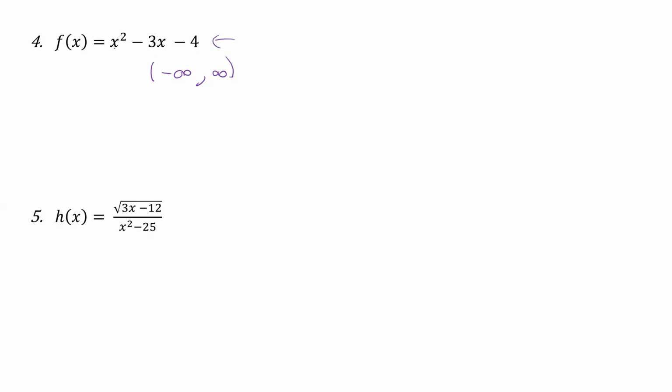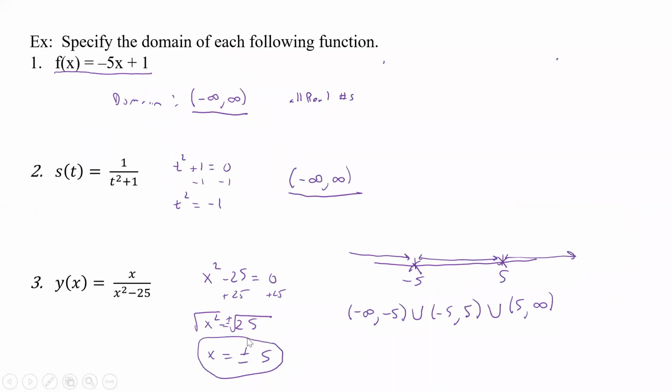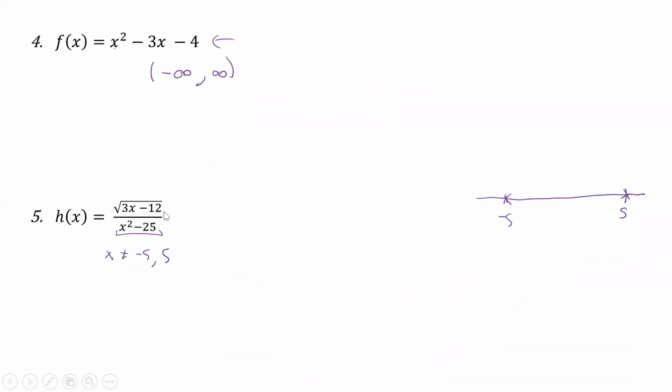Now the next one, we have a radical as well as a denominator. Well, we already saw that one, we said that x could not equal -5 or 5. So if we go ahead and start plotting this on a number line, so 5, -5, it can't equal that, it can't equal that because we already looked at that over here, and so we've done that one. Now what about the numerator?